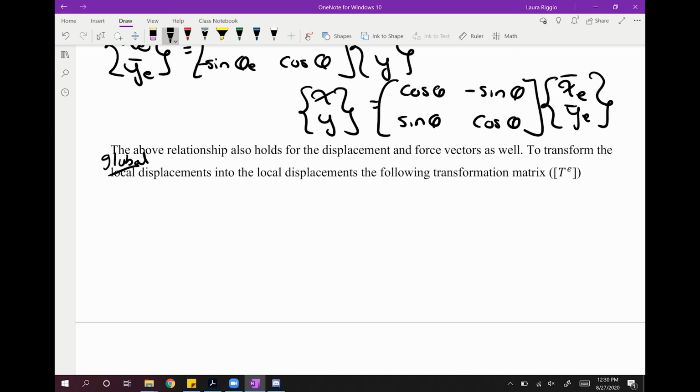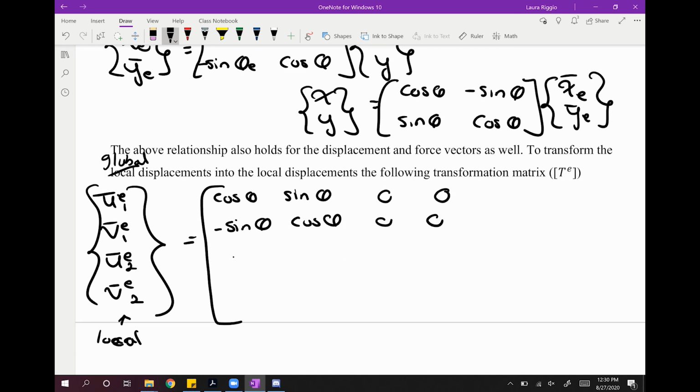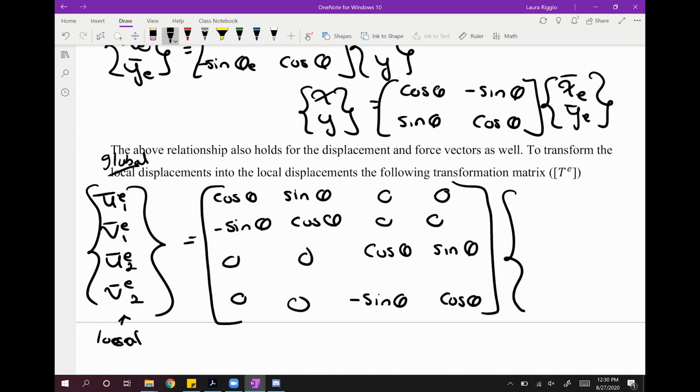we're going to use our transformation matrix TE. So my local displacements are going to be cosine theta, sine theta, minus sine theta, cosine theta, 0, 0, 0, 0, 0, 0, cosine theta, sine theta, minus sine theta, cosine theta, times our global coordinates.